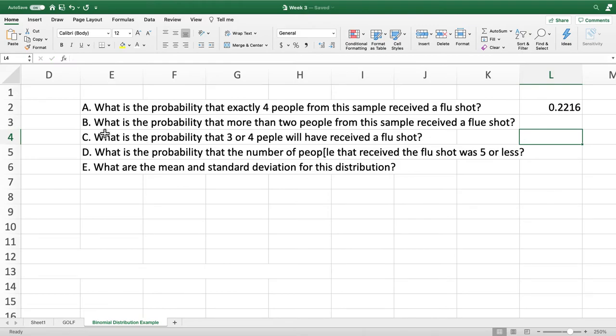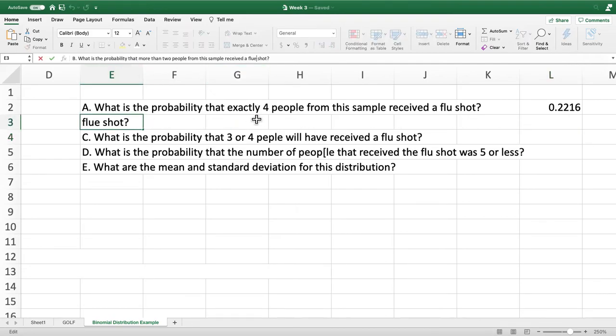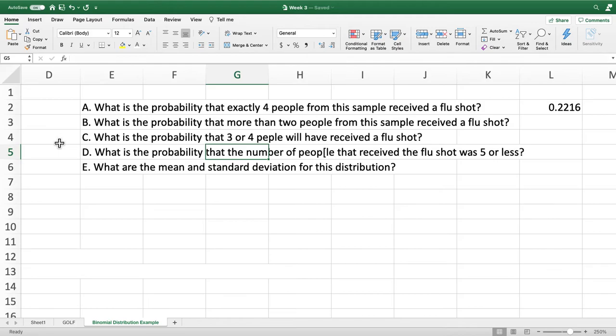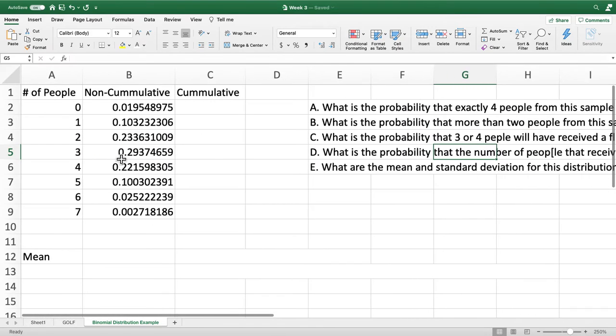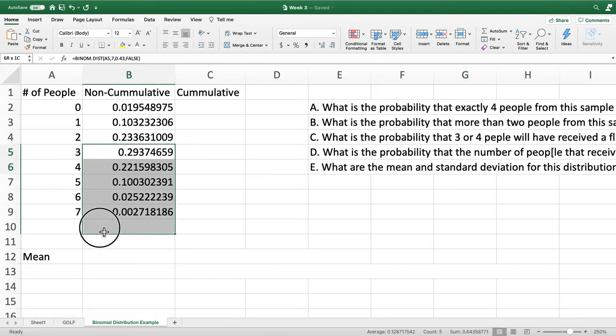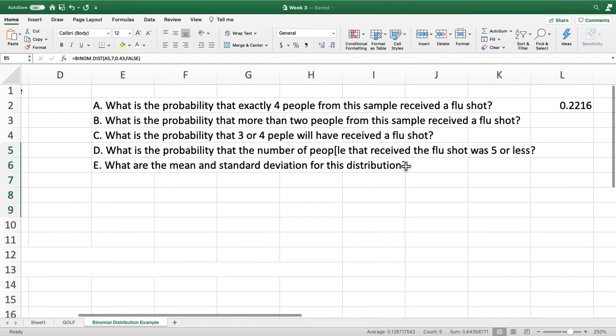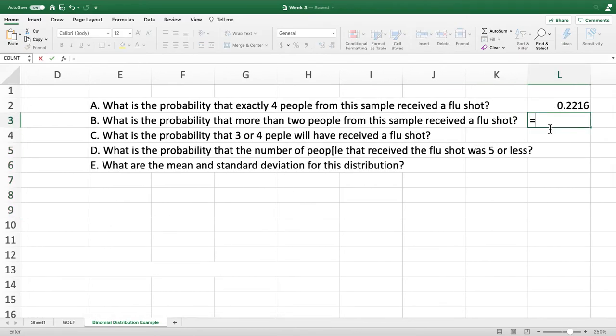What's the probability that more than 2 people from this sample received a flu shot? So more than 2. So we need to take the sum of B5 through B9. So we're going to type in equals sum, and then we'll come over.